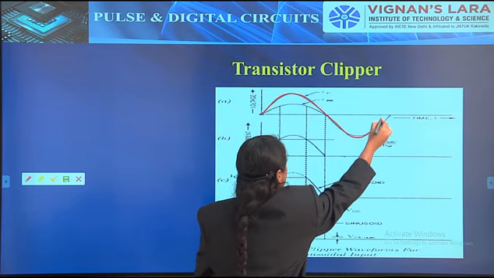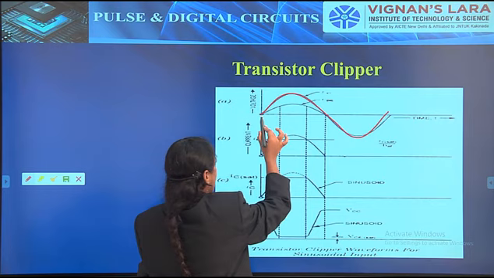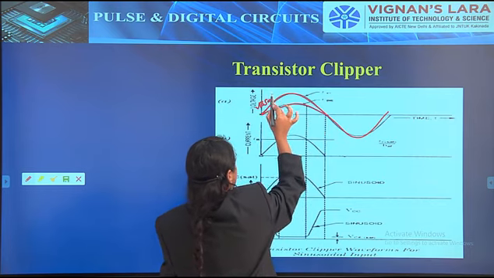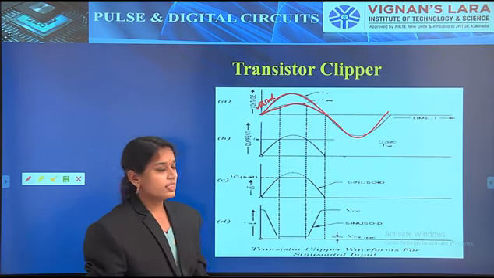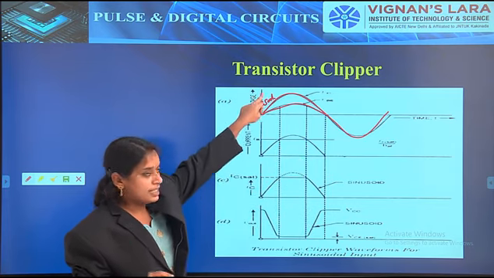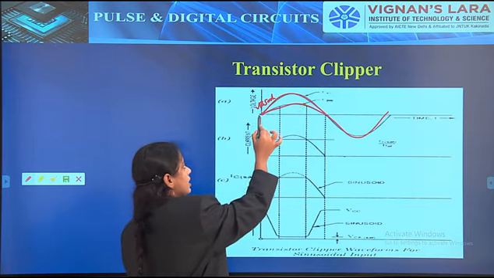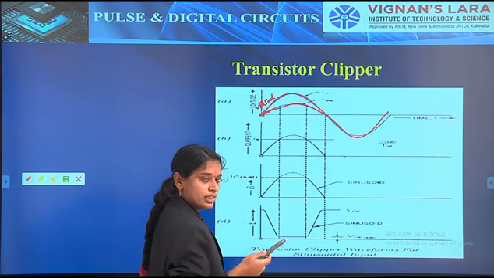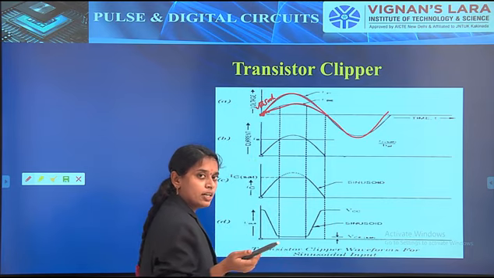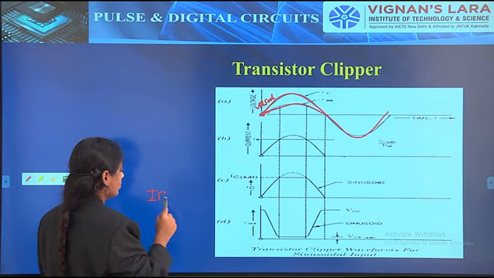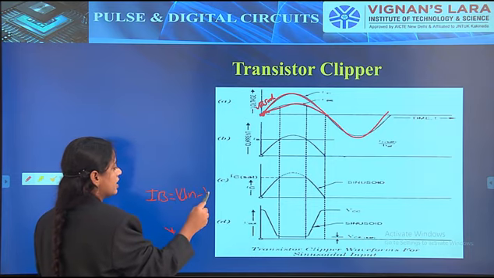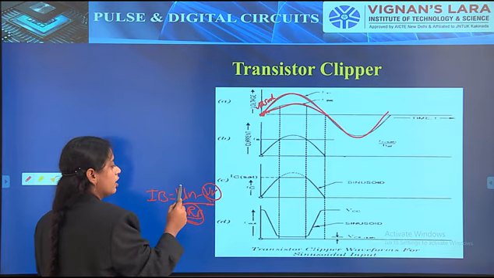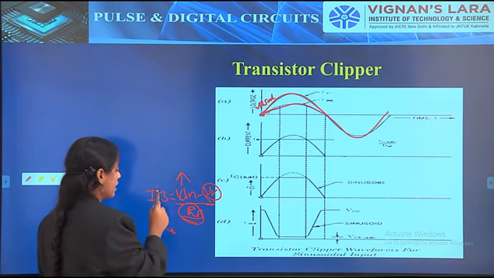This is the input sinusoidal signal, and this will be the VBE sat level. When the input voltage increases linearly, we know that IB is equal to (V input minus V gamma) by RB. We don't change the RB value and V gamma value.